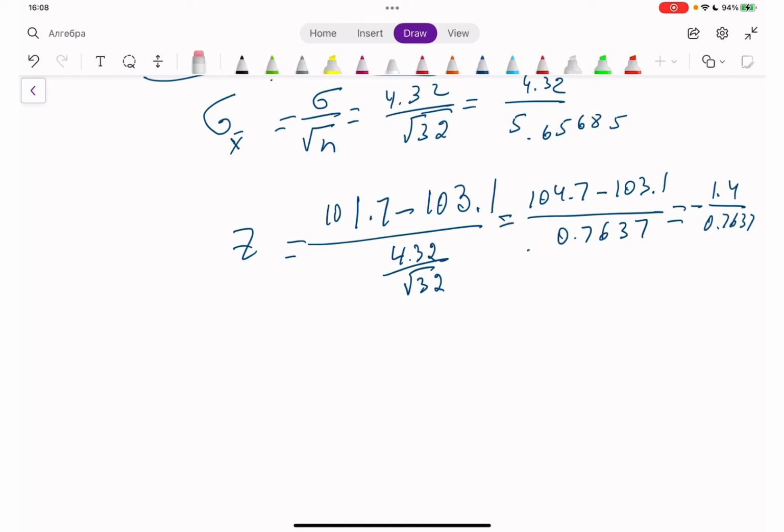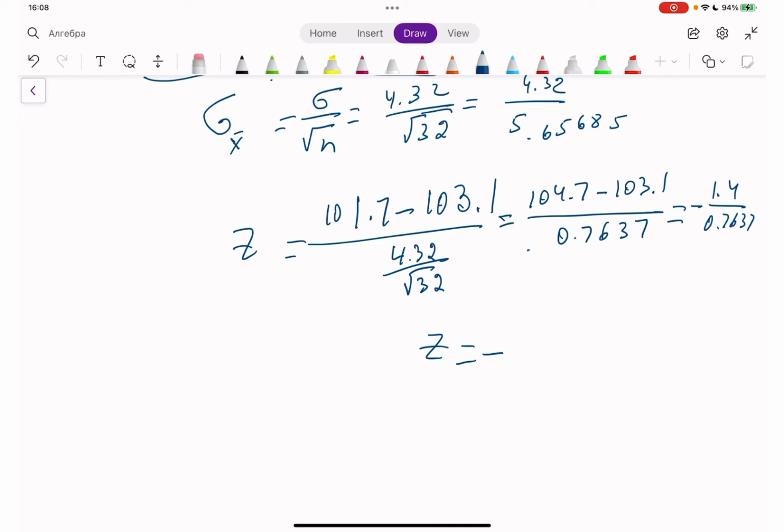We are getting a negative z-score. So 1.4 divided by 0.7637, and we are getting, my calculator disappeared.